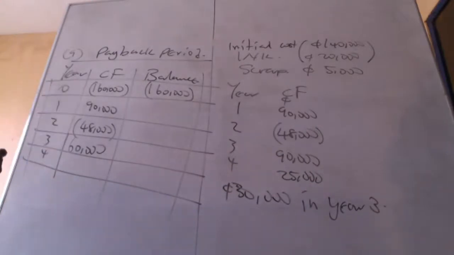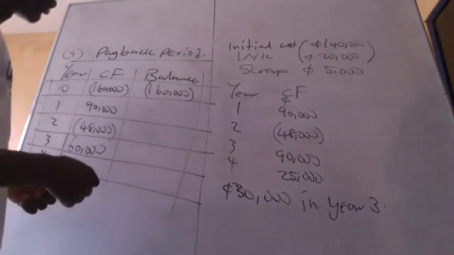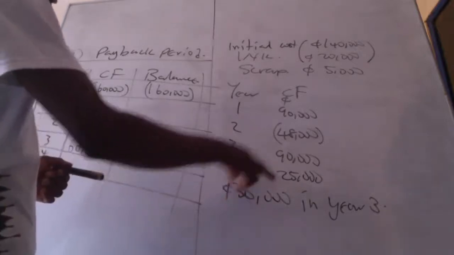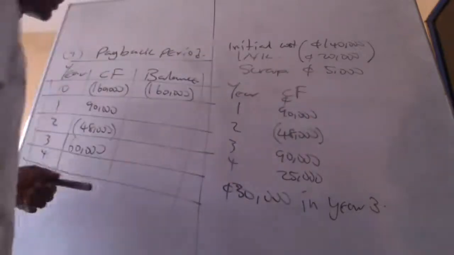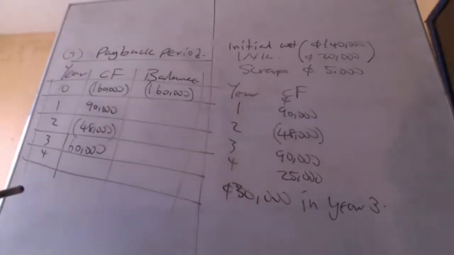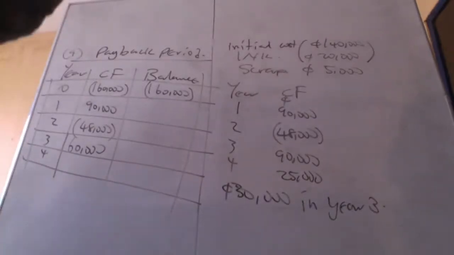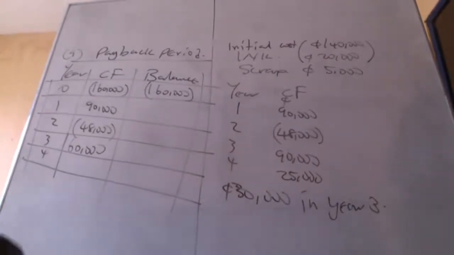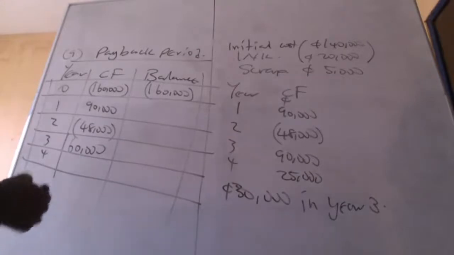Then year 4, we said it will be 25,000 plus the scrap value making 30,000, plus the working capital which will be released. That's 20,000. So in all, please do the year 4. Was it 35 or 25?